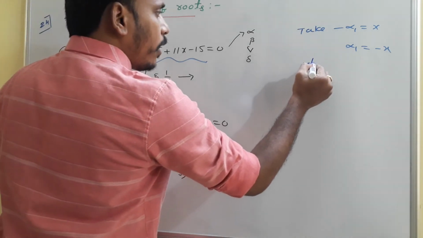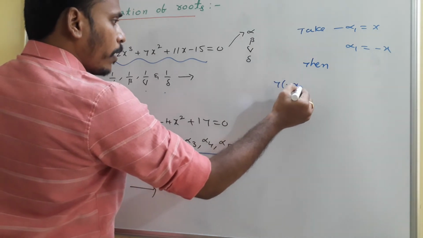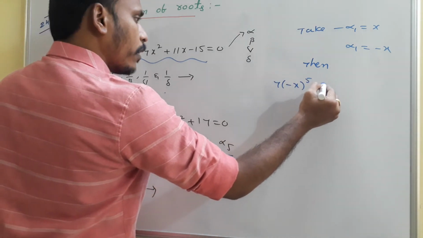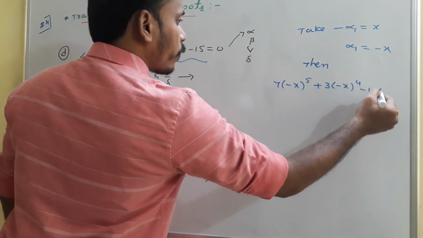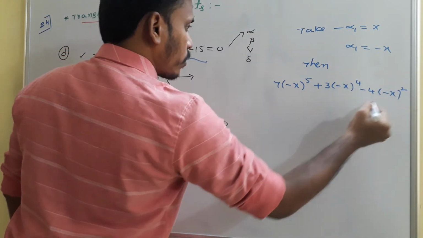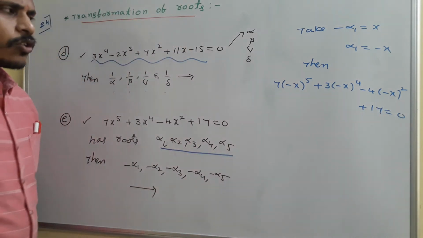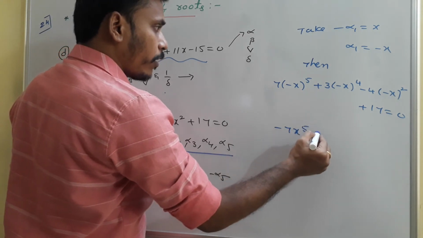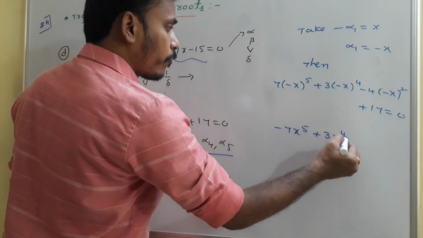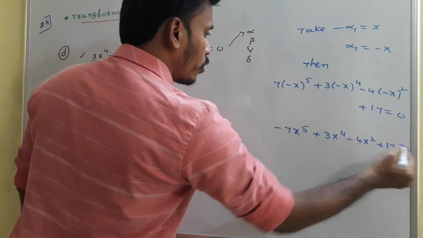Then the required equation is simply nothing but 7 into (minus x) to the power 5 plus 3 into (minus x) to the power 4 minus 4 into (minus x) whole square plus 17 is equal to 0. So simplify it. Minus x power 5 in the sense minus 7x power 5 plus 3x power 4 minus 4x square plus 17 is equal to 0.